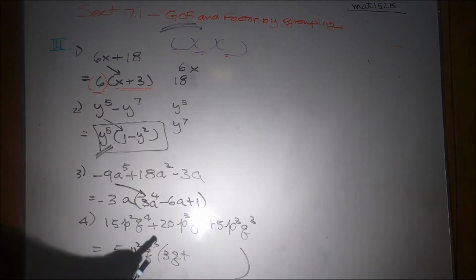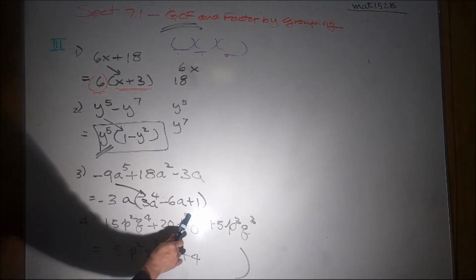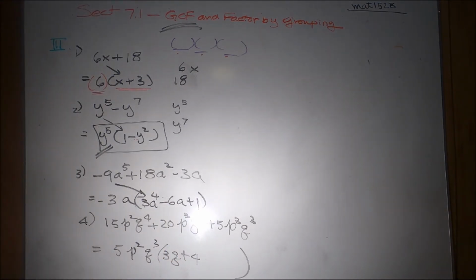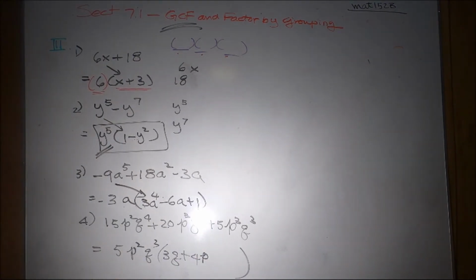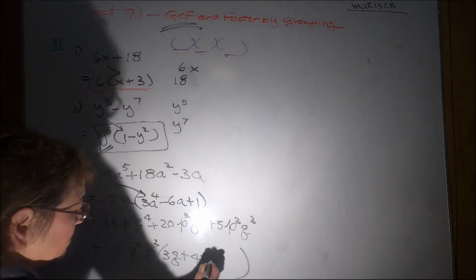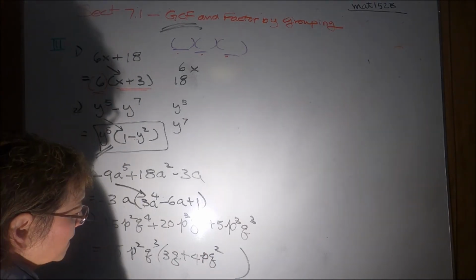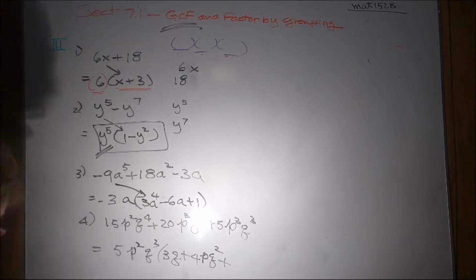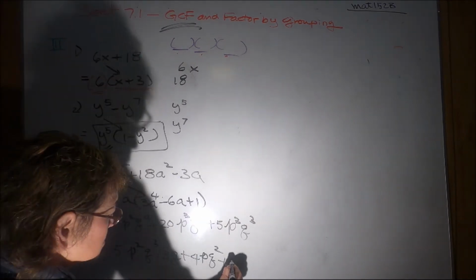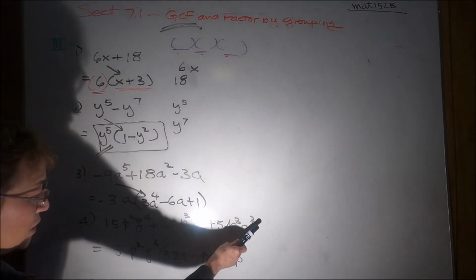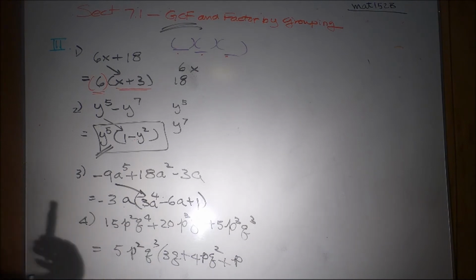For the second term, 20 divided by 5 would be 4. p cubed, take out p squared, so you have 1 p left. q^5 and q^3, that would be q squared, right? Then for the third term, 5, I take out p cubed, take out p squared, so you have p left. q cubed is 1, so it's out.